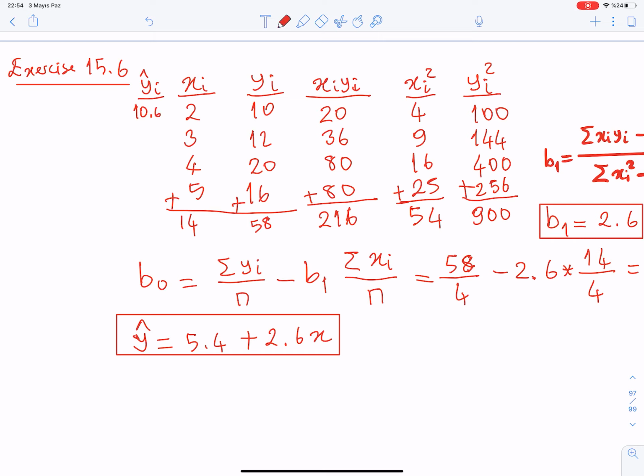The second one is having 3 here. 3 times 2.6 becomes 7.8, in total 13.2.